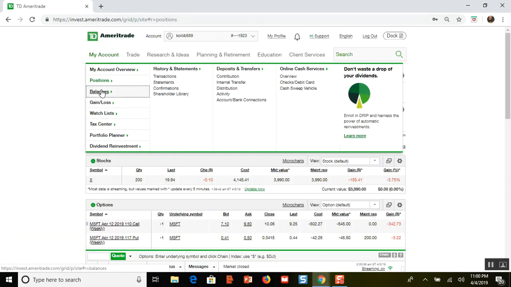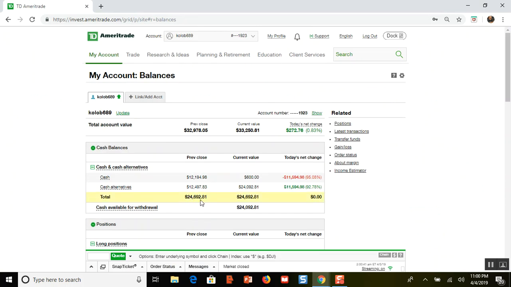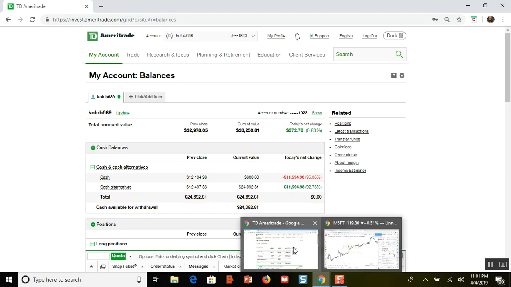My cash balance right now is about $24,000, and I would have sold a 118, so I would only need $11,800 to cover that, right? And by the way, a little trick is that if I didn't have the money, then I could always just buy to open a put option, like maybe a 108 or something, and that put option would only cost me $1 or $2.